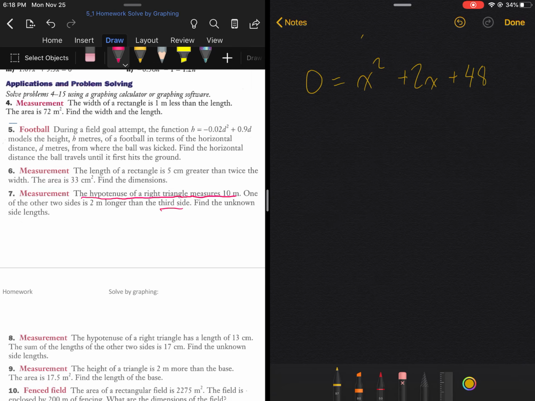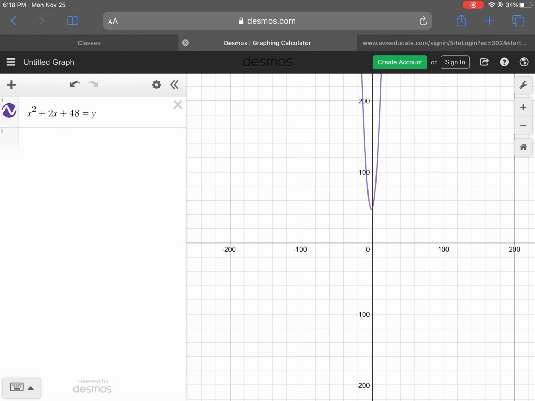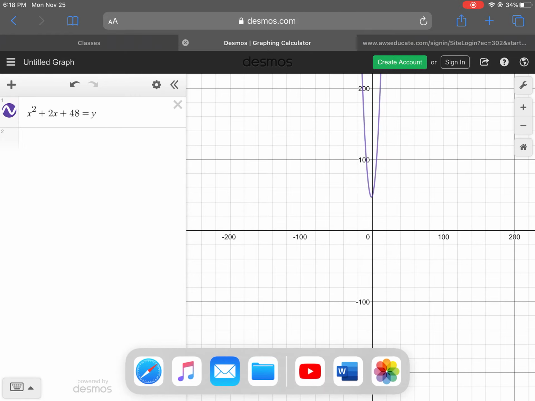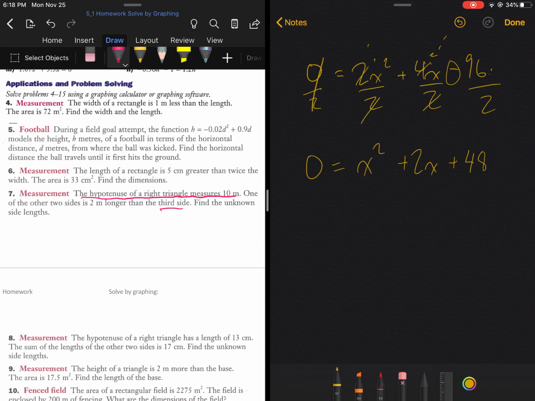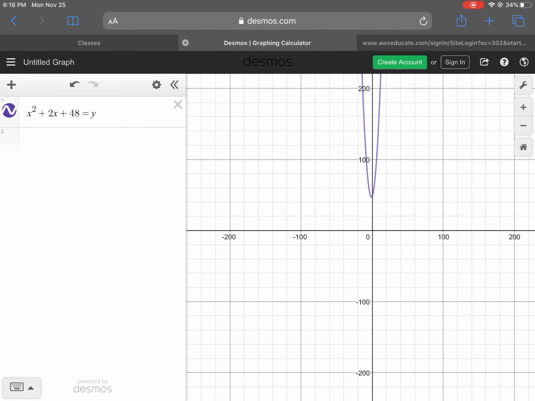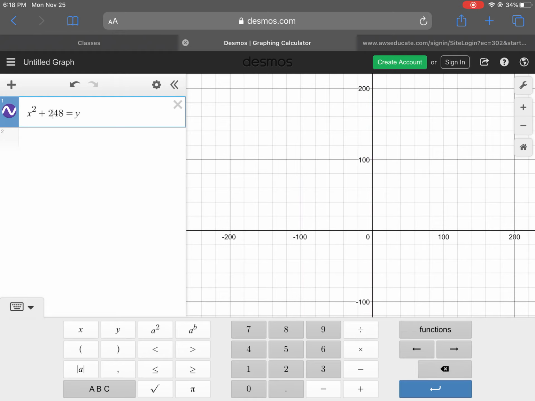Okay, now, let's graph that. X squared plus 2x plus 48. Oh, I'm already one step ahead of you. X squared plus 2x. Uh-oh. Whoops. You got that minus right there. Minus 48. Whoops. Be careful with your minuses.